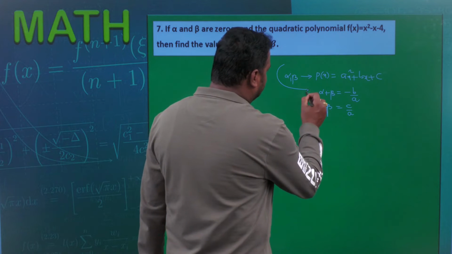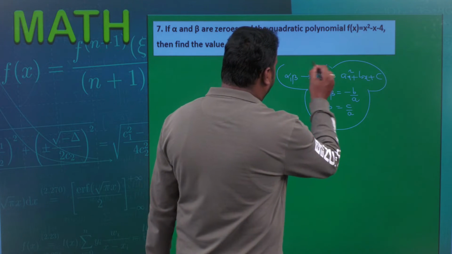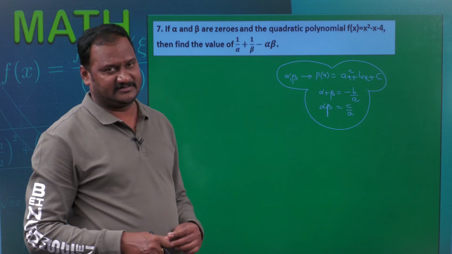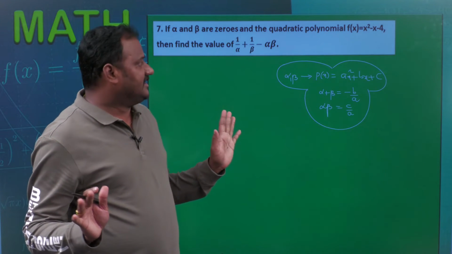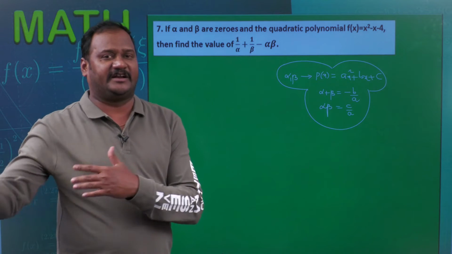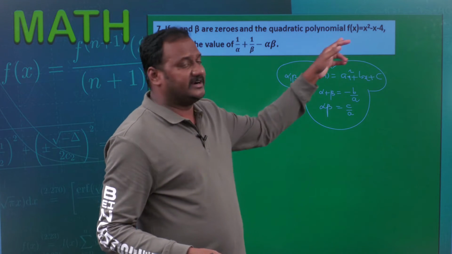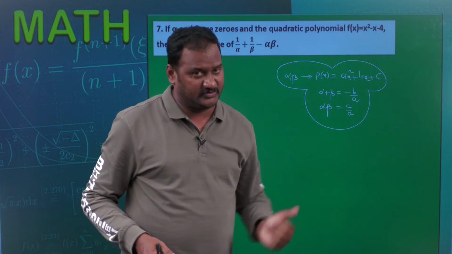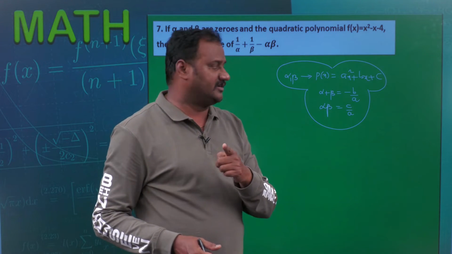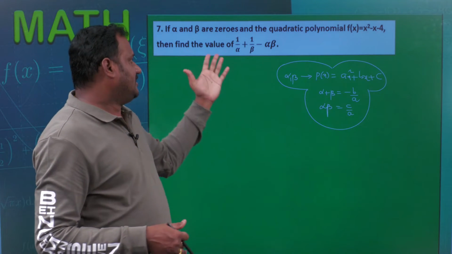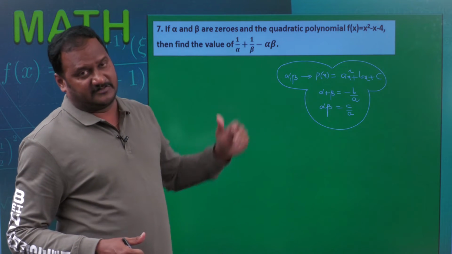So please keep these things in mind in order to crack these kinds of problems easily. You don't have to find what alpha and beta are individually. It means you don't have to find the zeros of the polynomial individually. Without actually finding the zeros, with the help of this information, we can easily find whatever you want of this form.